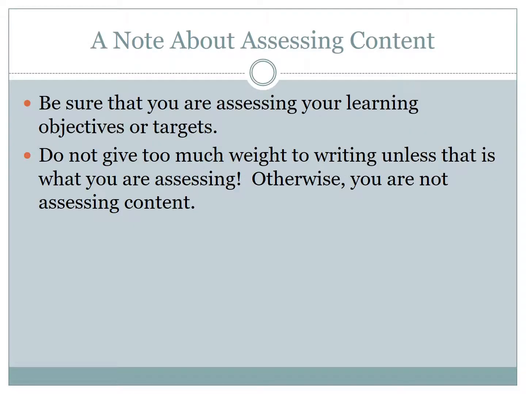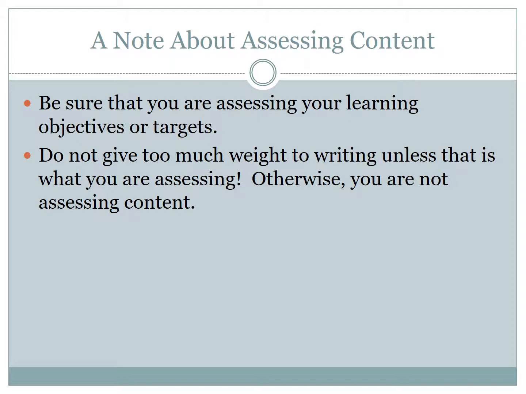So I want to leave you with a little bit of a caution. We've been looking at writing rubrics, but as I said earlier in my presentation, you want to make sure that you're assessing your learning objectives or targets. So that earlier writing rubric, the two, analytic and holistic, were probably aligned with a learning target about writing.